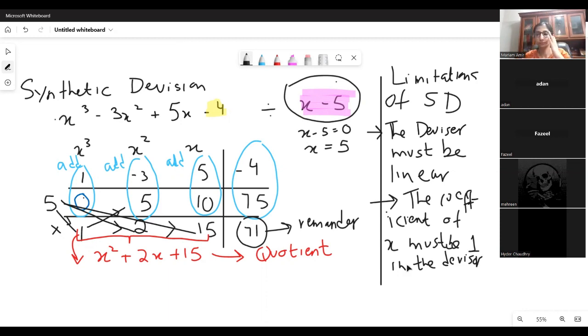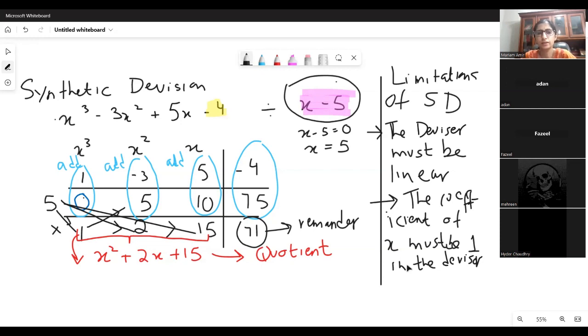Okay, so since both these conditions are satisfied in this particular question, x minus 5, which is the divisor, is linear and the coefficient of that x is 1. So only because of that we could do synthetic division. Otherwise synthetic division नहीं हो सकती.